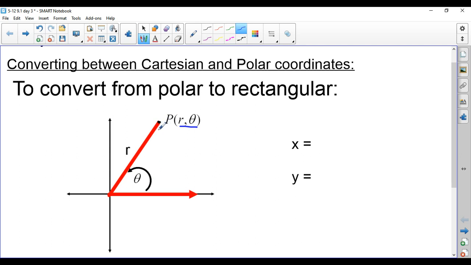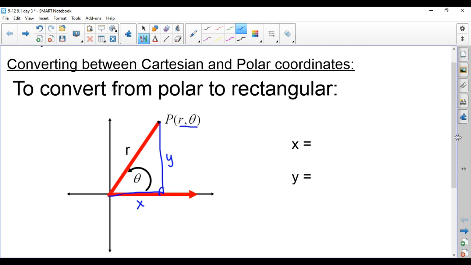If I want to change that to a rectangular system, I can think about the rectangular system by thinking about this right triangle. In the rectangular system, you start at the origin, you go across x and up y. If we look at this right triangle, the legs are x and y, the hypotenuse is r, and this angle is theta.